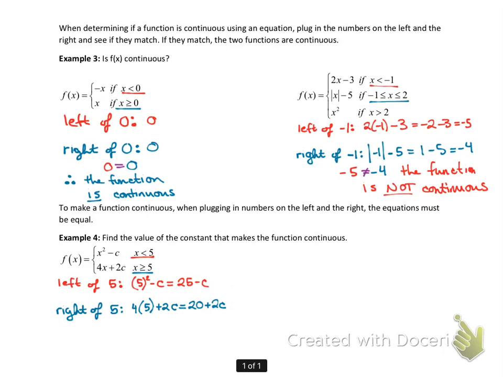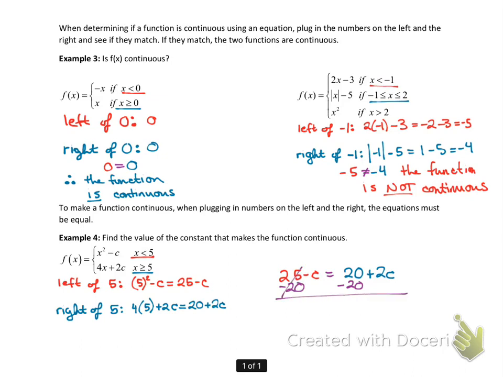Now I want the left side to be equal to the right side. So I'm going to take 25 minus c and set it equal to 20 plus 2c. Now I'm going to solve for c so that this equation is true. So we know how to solve this. It's a linear function. We subtract 20 from both sides.